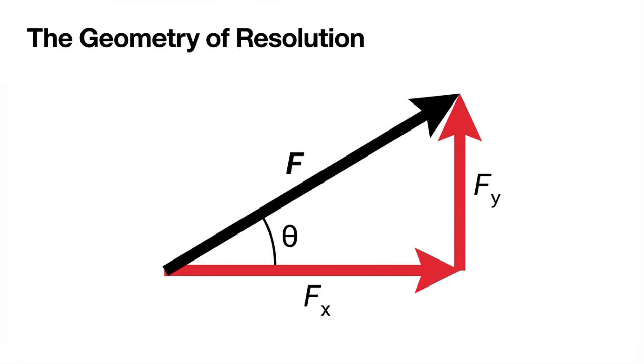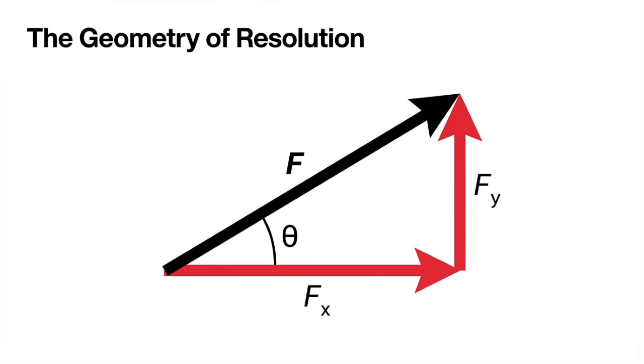When we look at this diagram, we see a force represented by the black arrow labeled F, which is acting at an angle theta. This force can be broken down into two components that are at right angles to each other. One along the horizontal axis, labeled Fx, and the other along the vertical axis, labeled Fy. These two components form a right triangle with the original force as the hypotenuse.